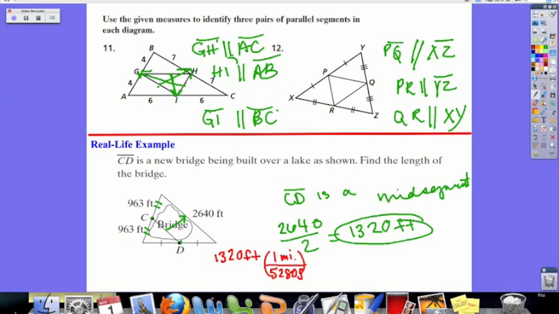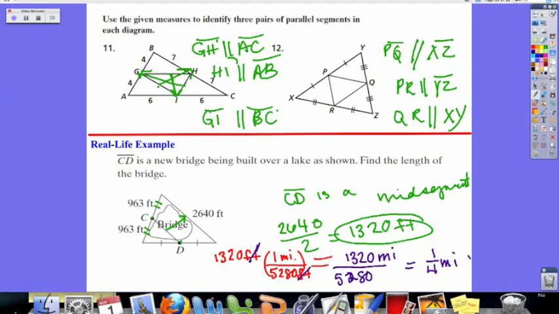If you multiply, your units are going to cancel. So feet cancel out, and you have 1320 over 5280, which reduces to 1/4. So the bridge is about 1/4 of a mile.